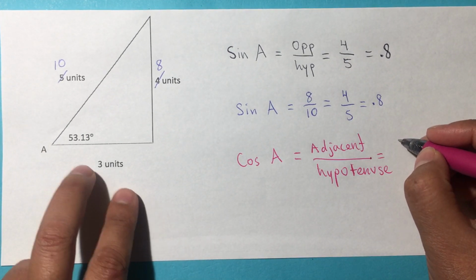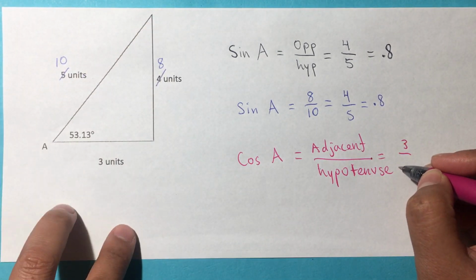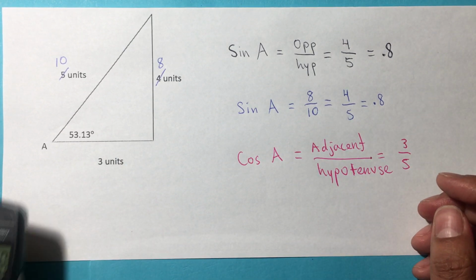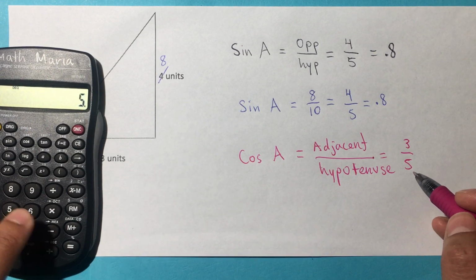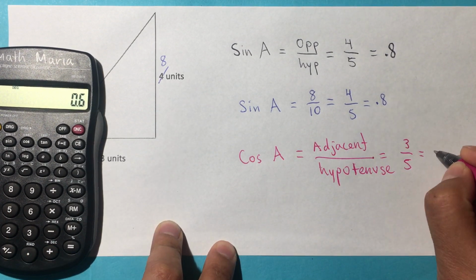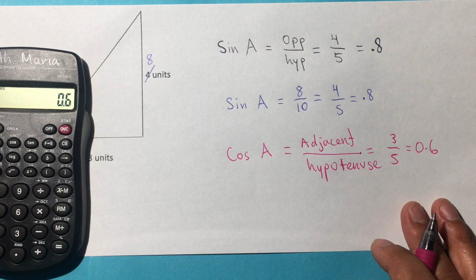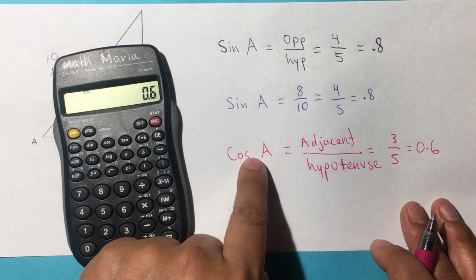And the adjacent is 3 units. The hypotenuse is 5 units. For that, 3 divided by 5 is equals to 0.6.